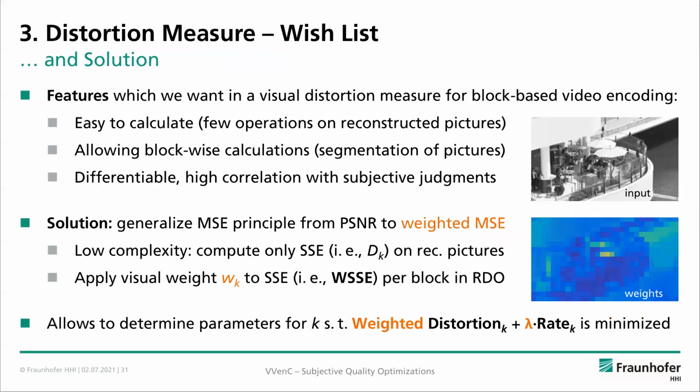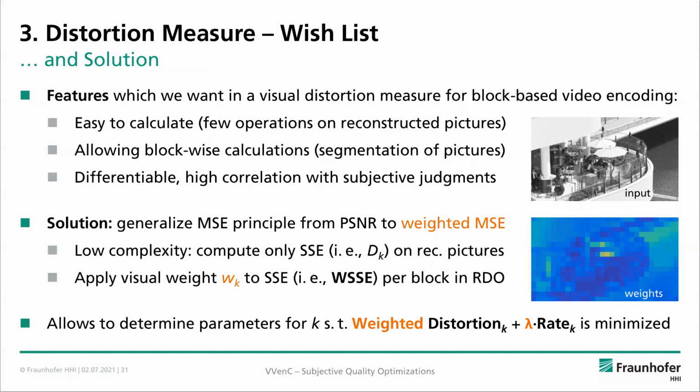So with this overview in mind, here's a wish list regarding a perceptually motivated distortion measure. It should be easy to calculate with as few operations on the reconstructed pictures as possible. It should, of course, allow blockwise calculations, and it should be differentiable and provide high correlation with subjective impressions of visual quality.